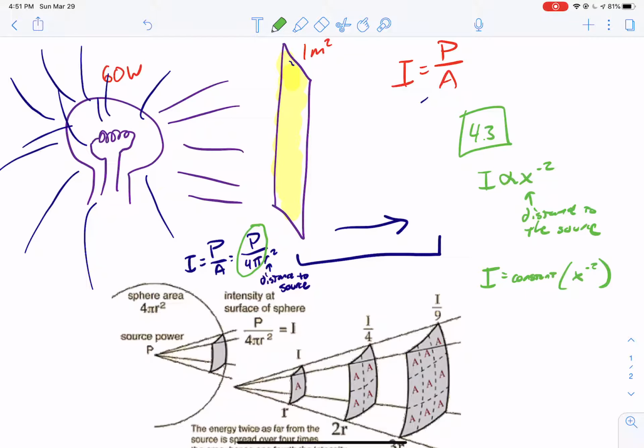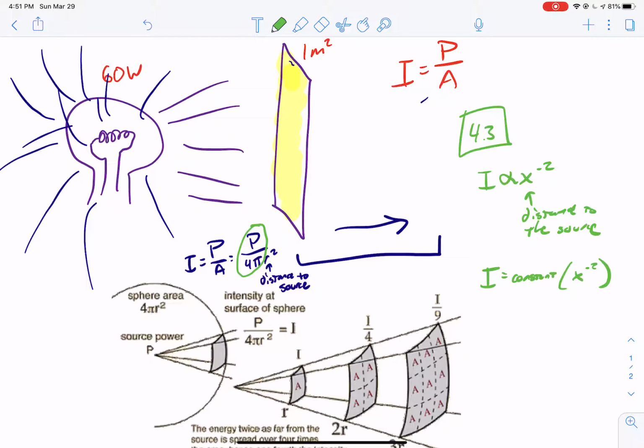The only problem is next chapter, astrophysics calls intensity brightness, and they call power luminosity. But it's the same difference, and they'll call r d instead of x or r. So sometimes the variables do get a little mixed up, but this is how that works.